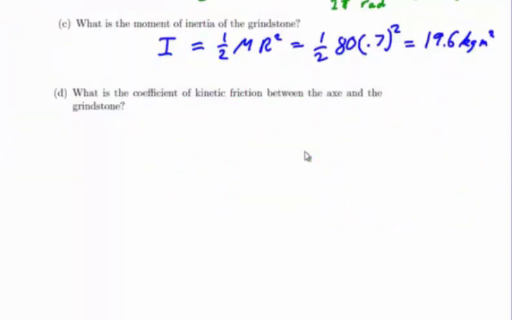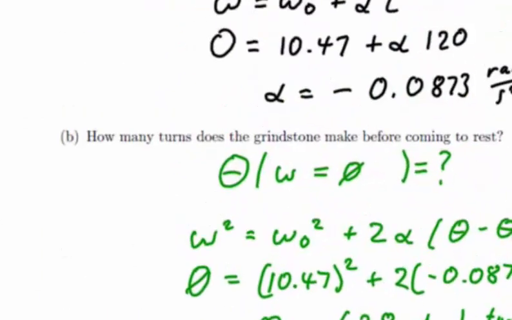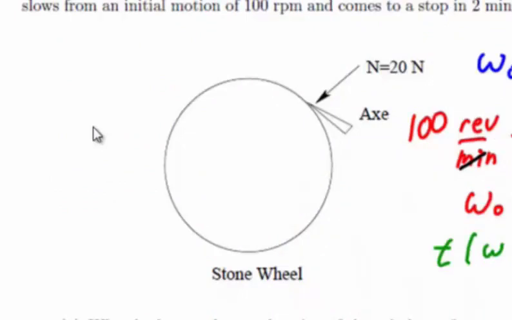Finally, we're asked what is the coefficient of kinetic friction between the axe and the grindstone. Let's take a look at the diagram and see if we can understand the meaning of this question. We realize that the reason that the grindstone is spinning to a halt is that our normal force of the axe against the stone wheel has generated a friction.